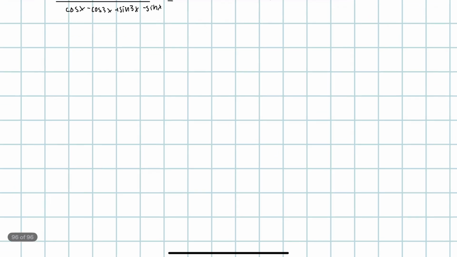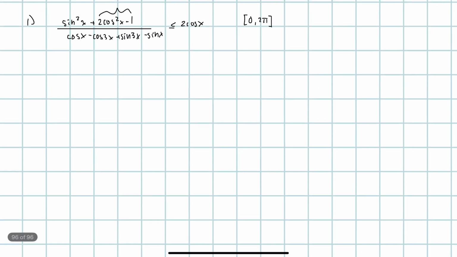So basically, we can simplify this using a double angle identity, and that's going to be sine 2x plus cosine 2x divided by, and then you can also simplify these two.